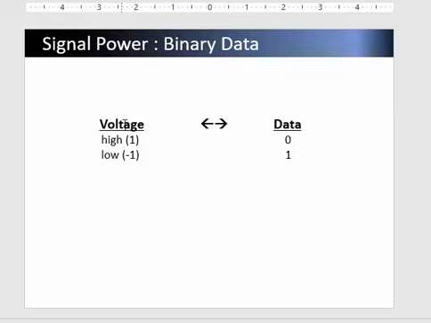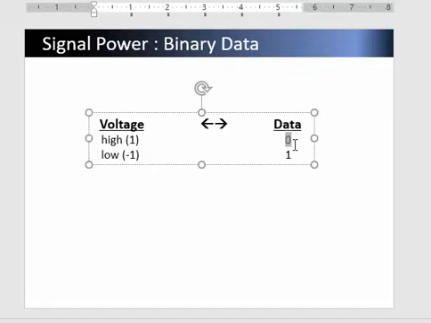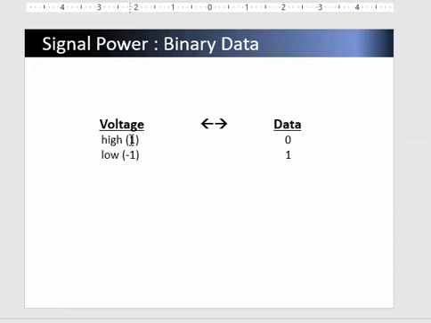The high voltage in the signal will be 0 in digital data, and low voltage will be 1. In reverse, if we have digital data 0, then it will be high voltage, 1. Digital data 1 will be low voltage, which is minus 1. It's not really 1 and minus 1.